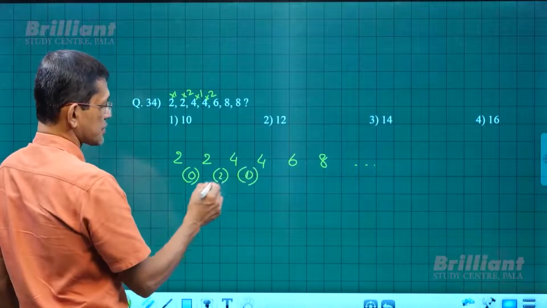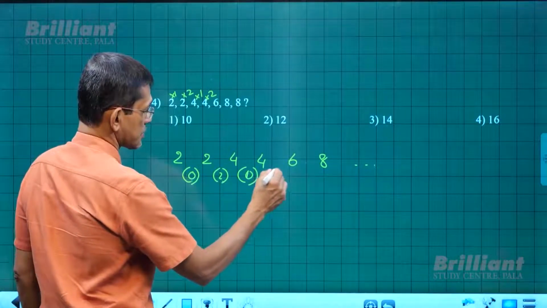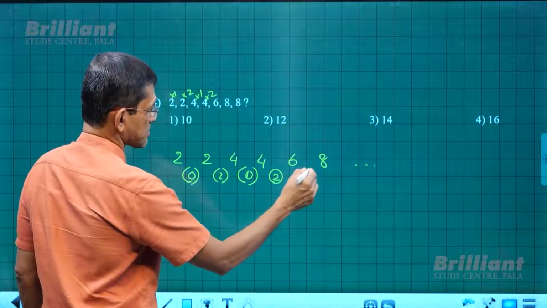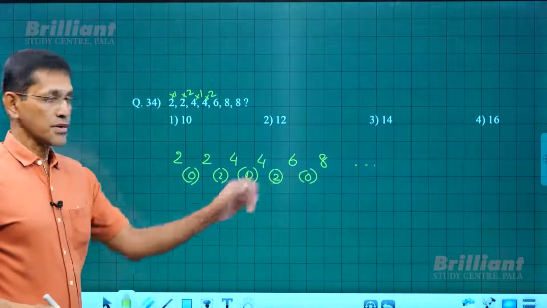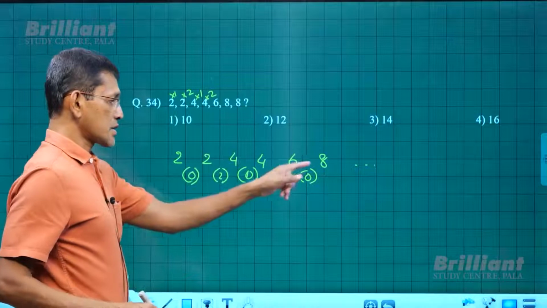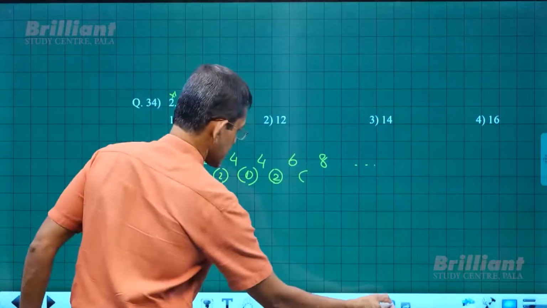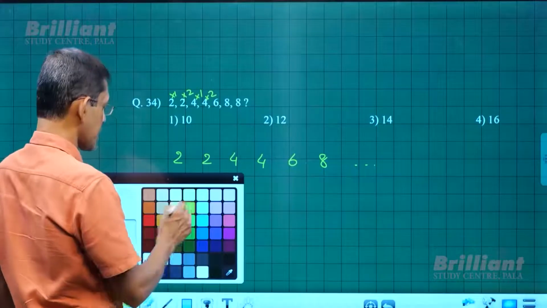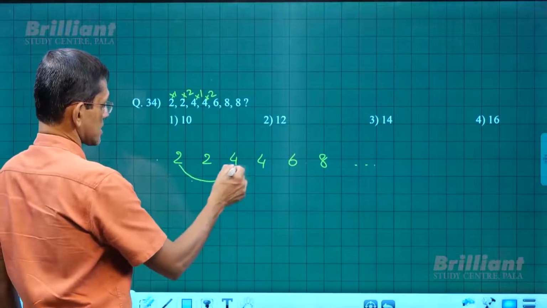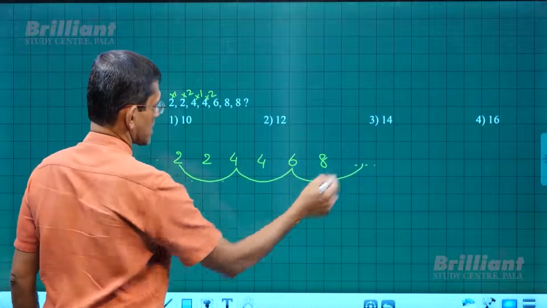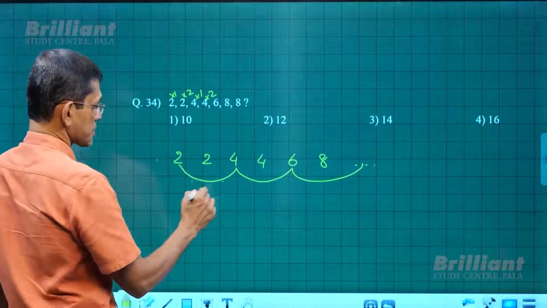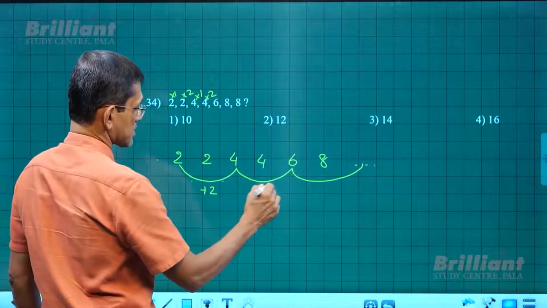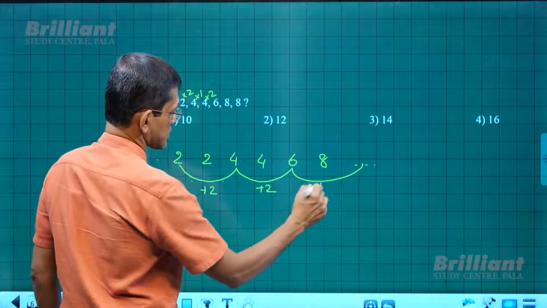So it's 0, 2, then again 0, then 2, good, and the next one must be 0. So 6 plus 0 must be 6, but we don't have that here, we have 8, so that doesn't work. And what is the next possibility? What we are looking for is an alternate series. 2, 4, 6, 8. 2 plus 2 is 4, 4 plus 2 is 6, 6 plus 2 is 8.